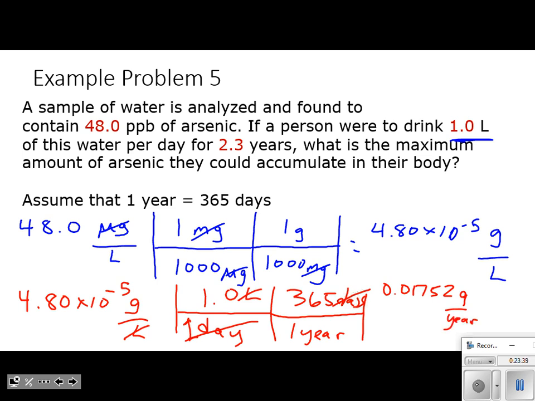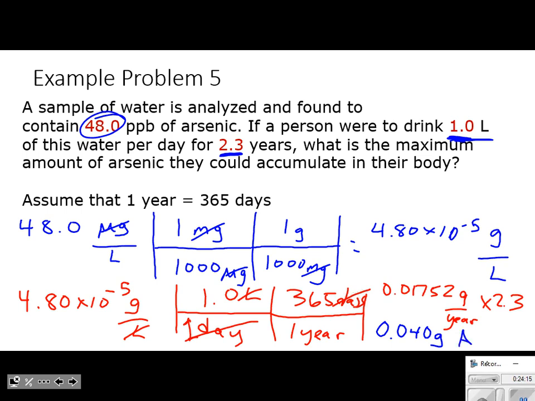Running out of room here. How many years? 2.3. So I now multiply it by 2.3 years, and I come up with a value with 2 sig figs of 0.040 grams, and that's going to be grams of arsenic.